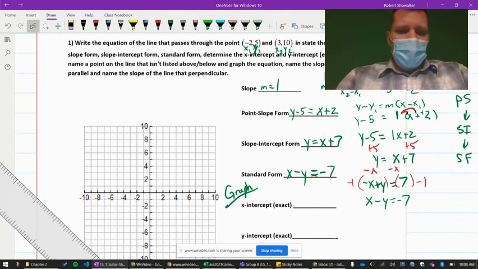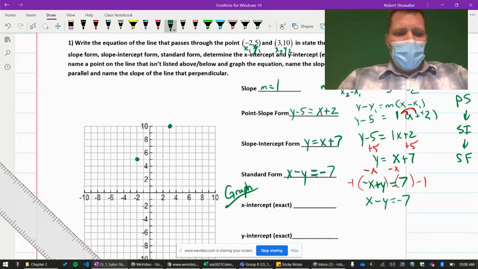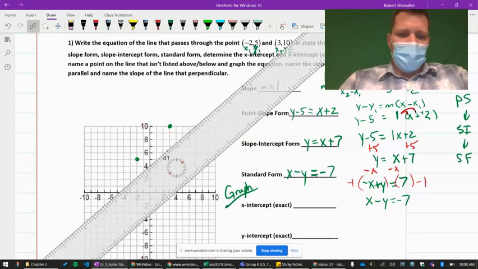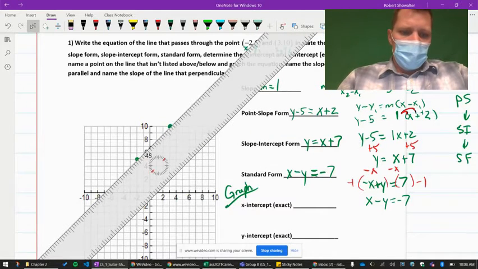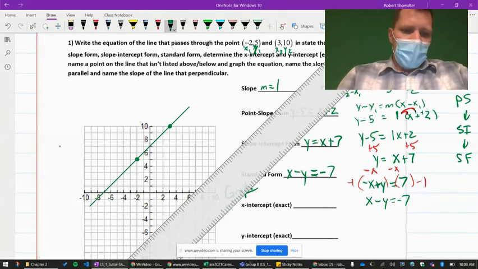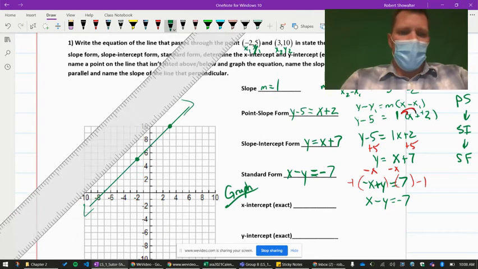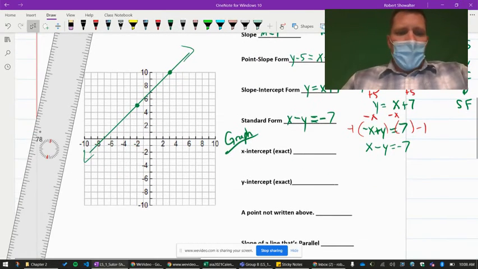So let's drop those points, (-2, 5) and (3, 10), and connect those dots. I'm going to draw this really perfect so you get a true understanding of what the picture looks like, and we'll be able to see those points easily.